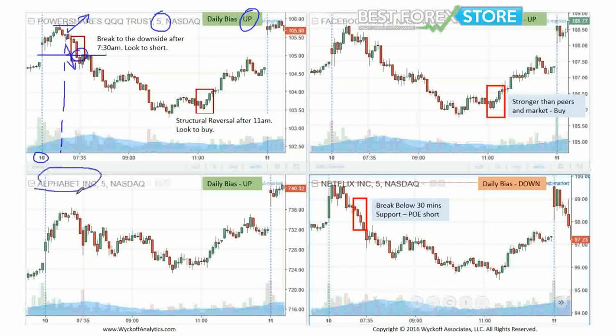And that's kind of like evident from the Alphabet right here, where if the market committed on this bar right here, we still don't have that commitment to the downside based on the lows here, and then the whole action here is just consolidating.